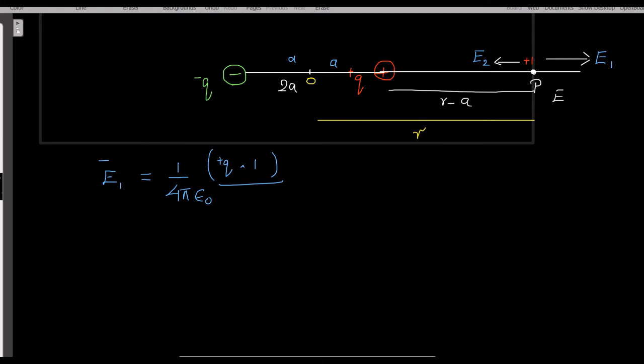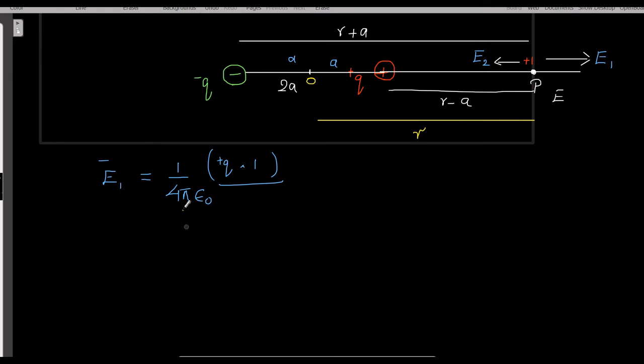Similarly, the distance from minus q to P must be r plus a. From here till point P is r, and minus q to O is a. So from minus q to point P is r plus a.